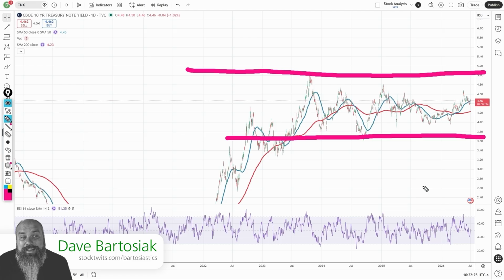So when you have these range bound markets and something as large as the bond market, a lot of the correlations are going to break down. And that's what we've seen, is those inverse relationships with gold and the 10-year have sort of broken down because of all the noise in interest rates.